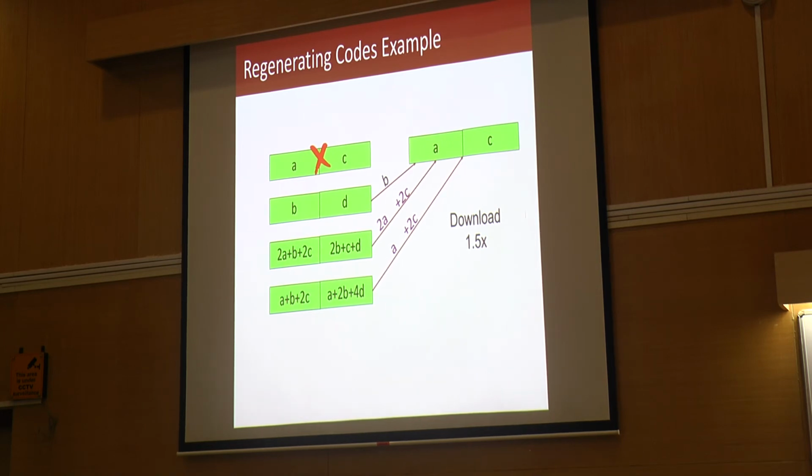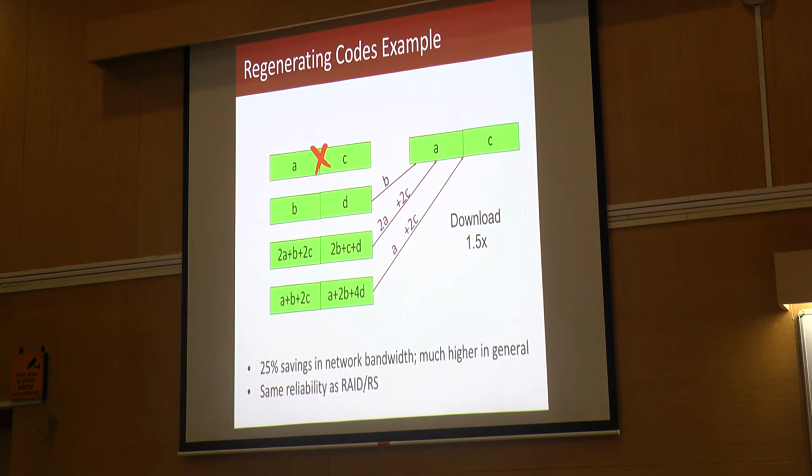Okay, so this provides 25% savings in the network bandwidth. And it is for these particular parameters, and the savings that can be achieved in general is much larger, while retaining the same reliability as classical MDS codes.